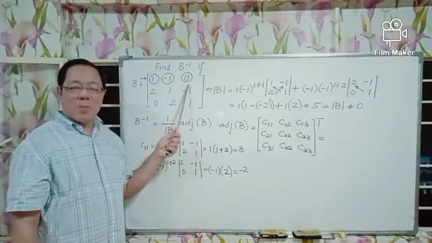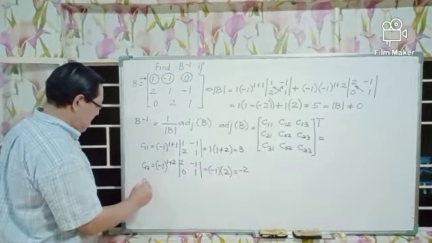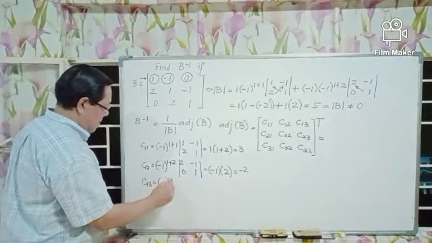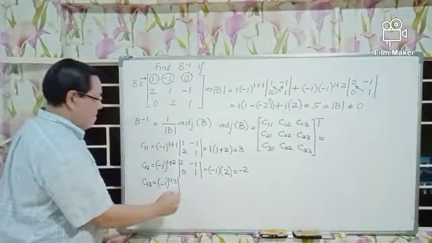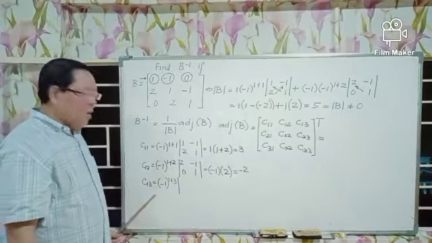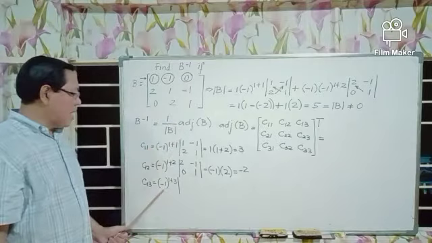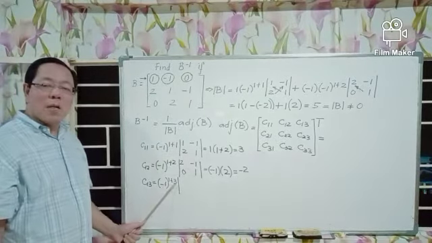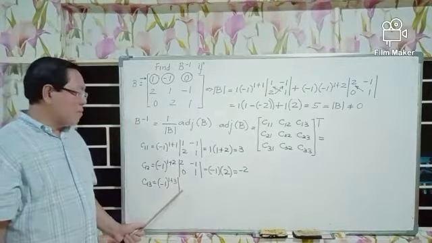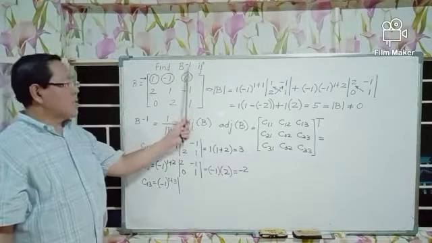We find the cofactor of 0 denoted by C sub 1, 3. C sub 1, 3 is the cofactor of the element 0, the element in the first row and third column, is given by negative 1 raised to the sum of the row and column numbers of 0, which are 1 and 3 respectively, multiplied by the determinant that remains after deleting the first row and the third column.